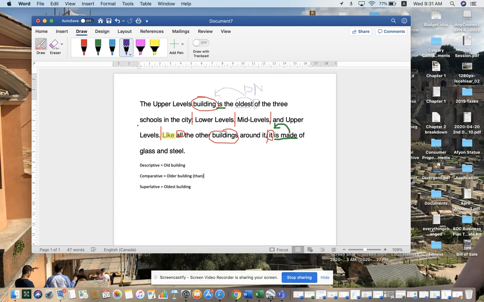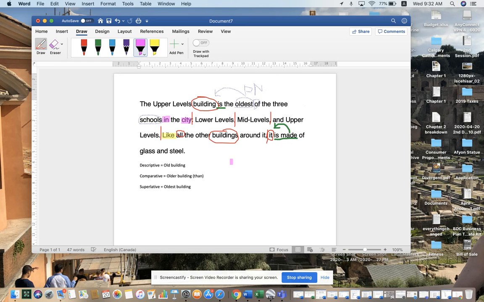And we have schools. So this is a possessive describing that out of all the schools, this one is the oldest, the most superlative, the upper levels building. Then we have another preposition, in, and the object of the preposition, city.